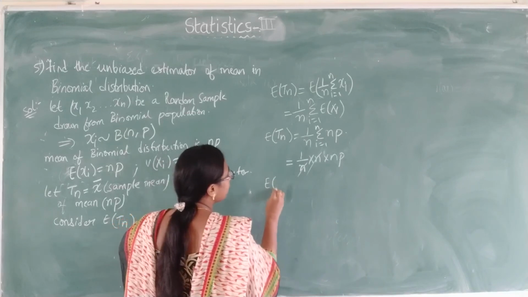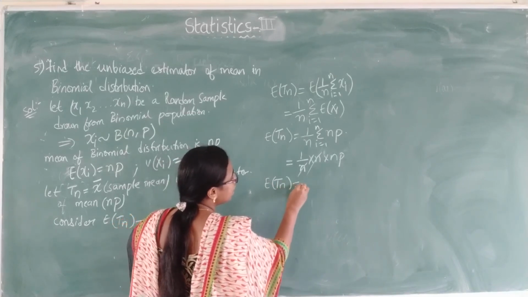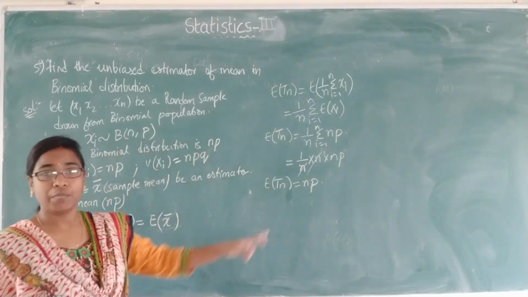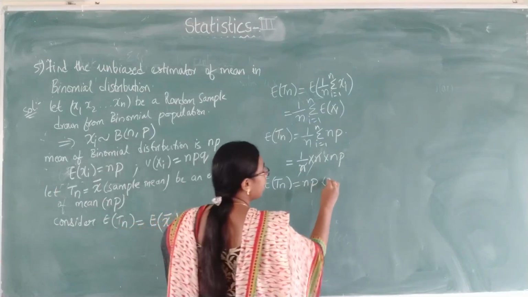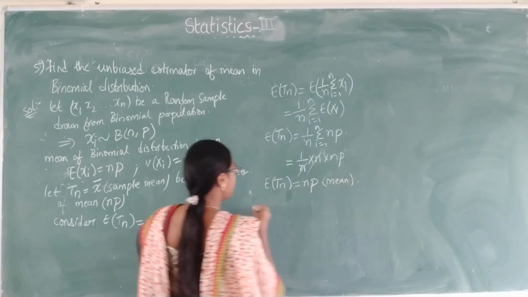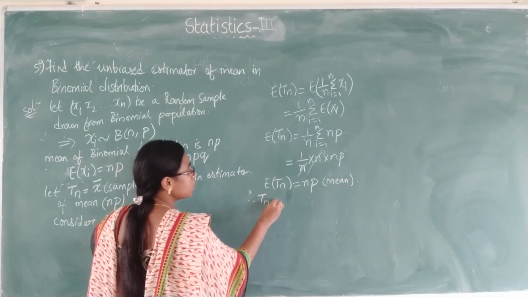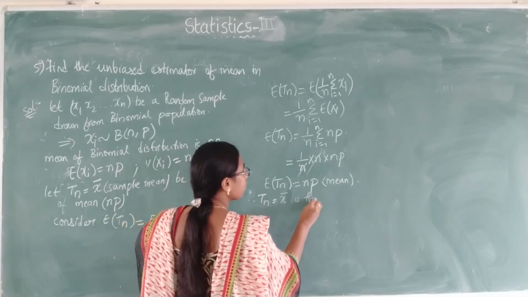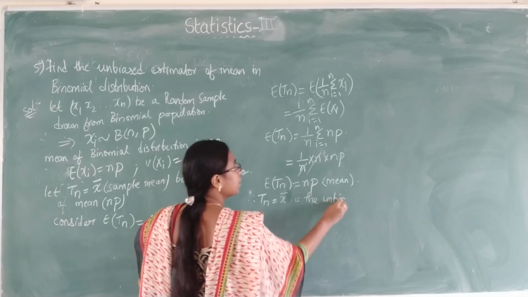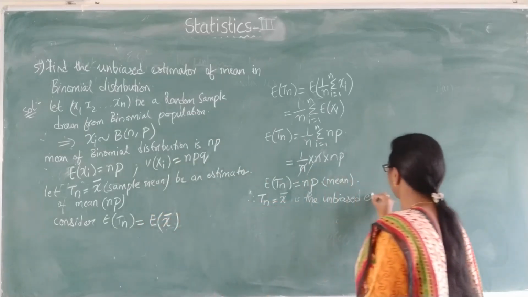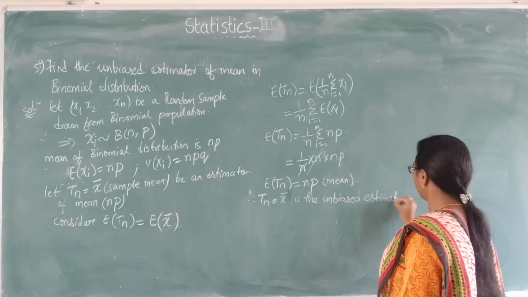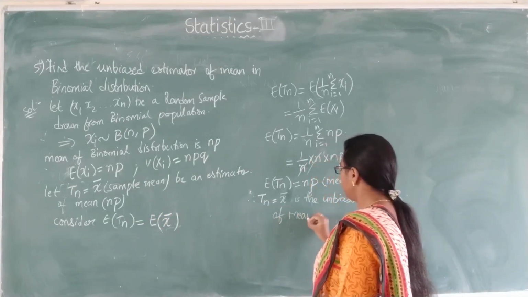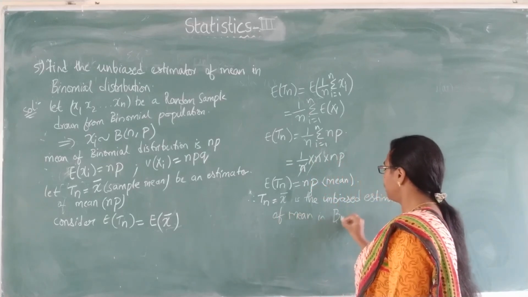So therefore expectation of Tn equals NP, where NP is the mean, right? So therefore Tn equals x bar is the unbiased estimator for mean, unbiased estimator of mean in binomial distribution.